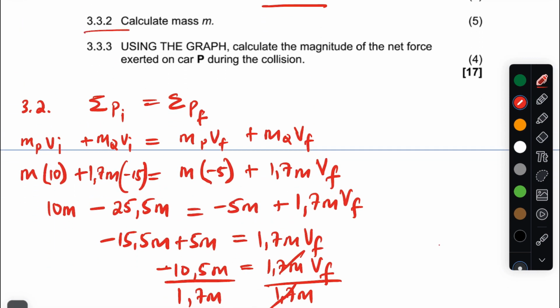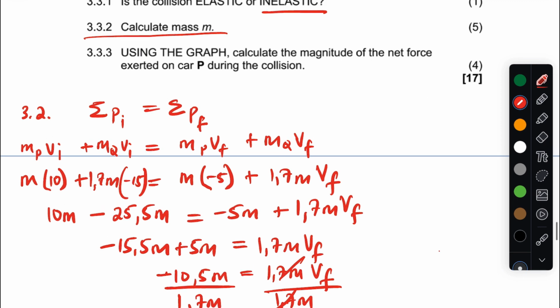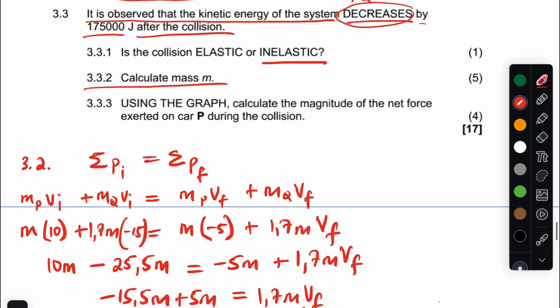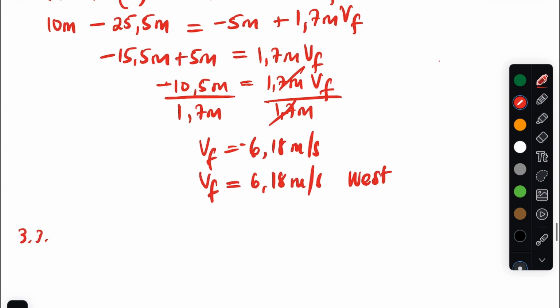So 3.3.2, it says calculate the mass m. Now we have to calculate the mass m. So in order to calculate the mass m, we have to utilize the kinetic energy that we are given there. So guys, it's very important here. The total kinetic energy before is equal to the total kinetic energy after, plus the energy that it has what?